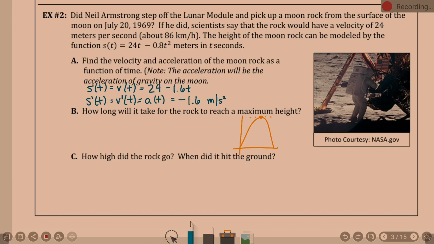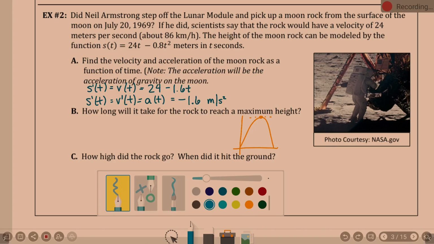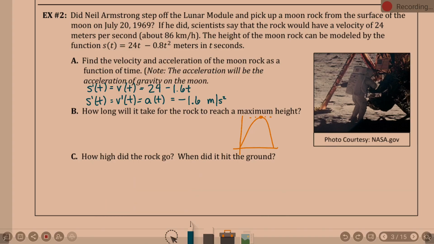Okay. So take your velocity and set it equal to 0. So my v of t is 24 minus 1.6t, set equal to 0, and solve.